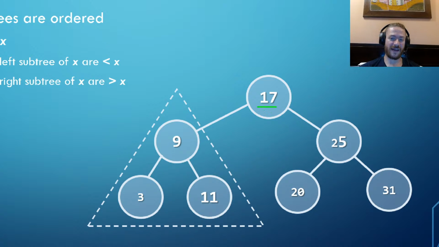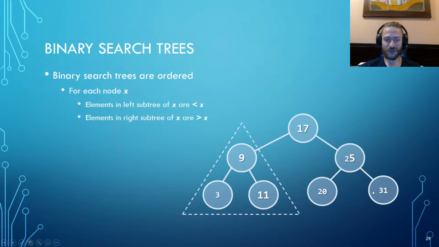This is a binary search tree. If you take a look at 17, all the values on the left are smaller than 17: 9, 3, 11. All the values to the right are bigger: 25, 20, 31. I don't know why this 2 is a little bit smaller, but never mind. It's still a binary search tree.